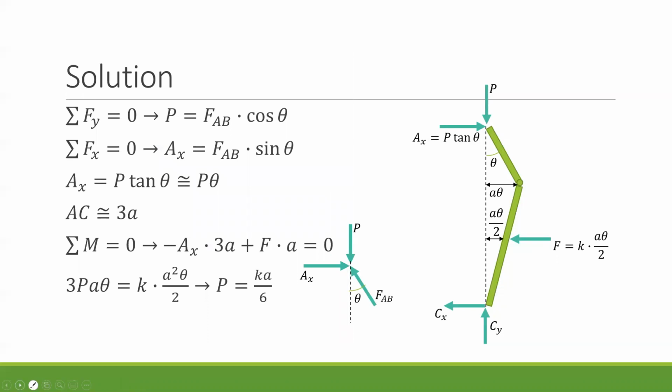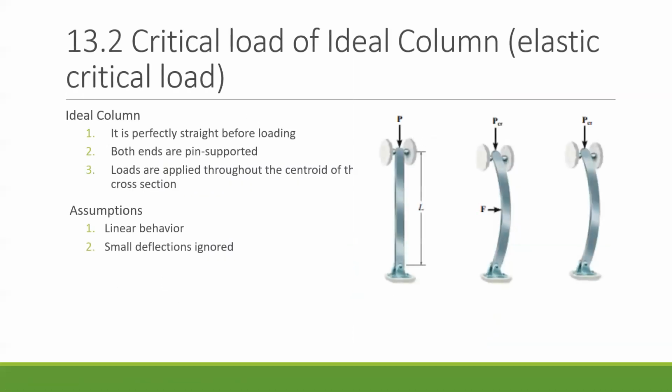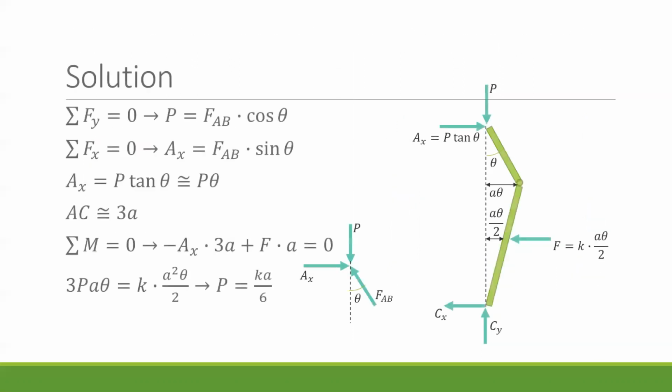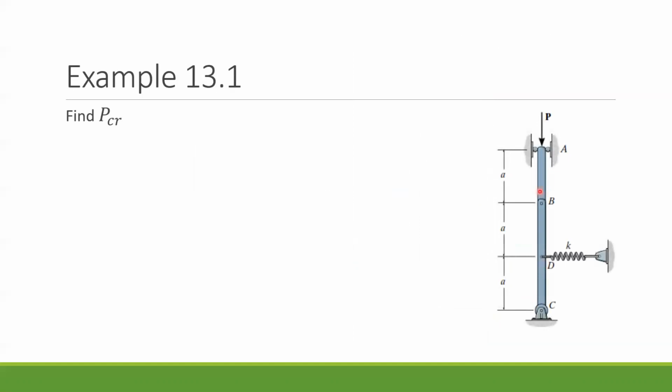Now we will pass to the new material in our real chapter. This is like the warm-up question for you. In this question, we told that element AB and element BC do not bend, we always thought they are straight.